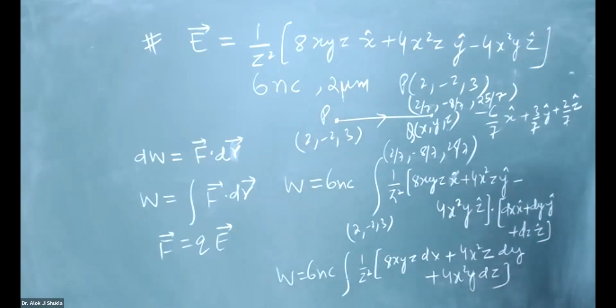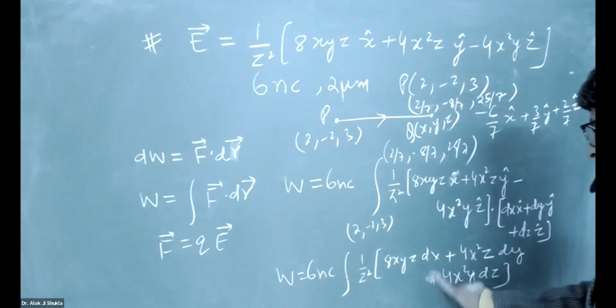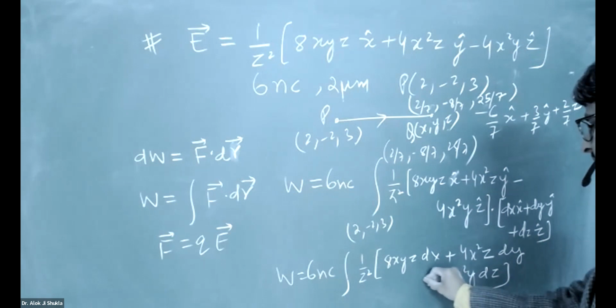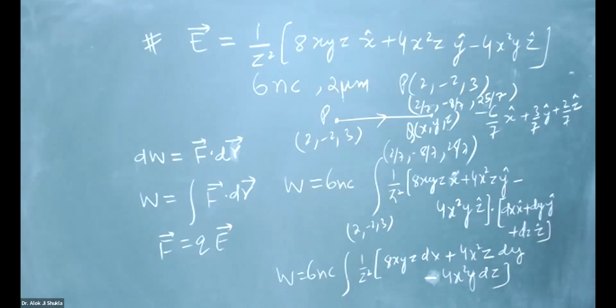This is the situation after taking the dot product. माइनस आएगा ना, -4x²y है ना, z कैप. Minus. Yes. This is the situation.